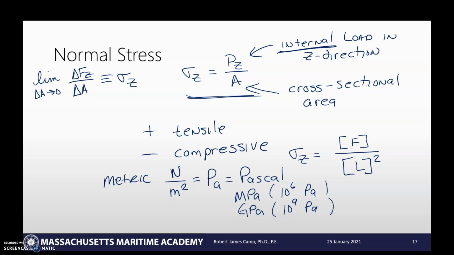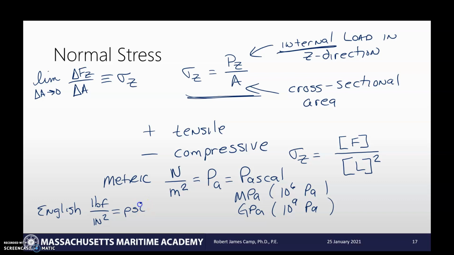Now we look at the English system, specifically the British gravitational system, which is the normal one that we're used to. The unit of force will be the pound force, and we'll divide that by the base unit, inches squared. Typically you will see this written as psi. Psi is just pounds per square inch.